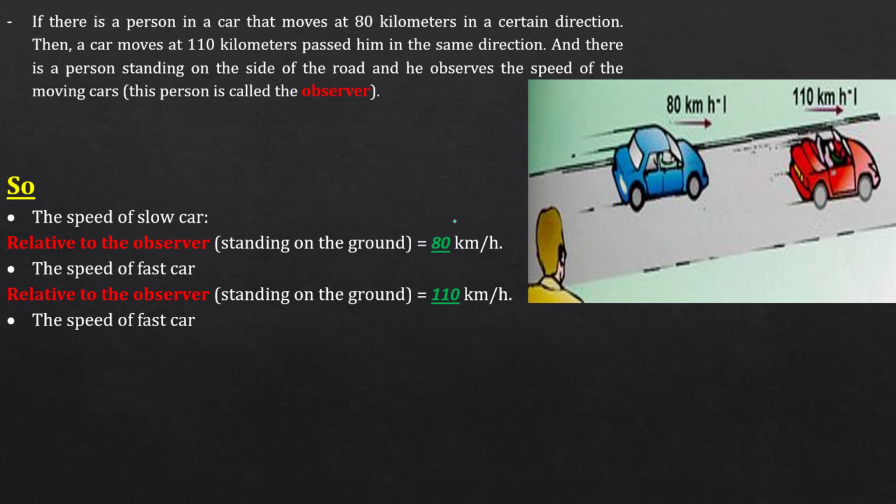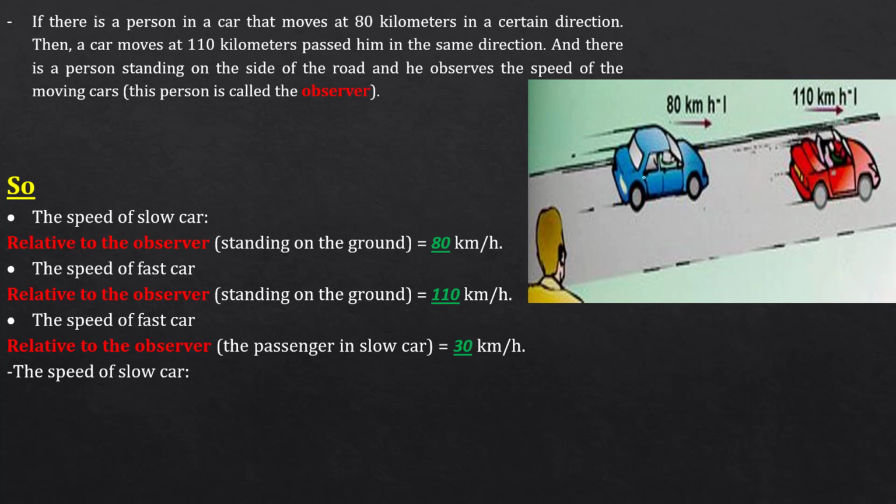But if we want to calculate the speed of the fast car relative to the man in the slow car, it will be 30 kilometers per hour. So he will measure the speed of the fast car as 30 kilometers per hour.